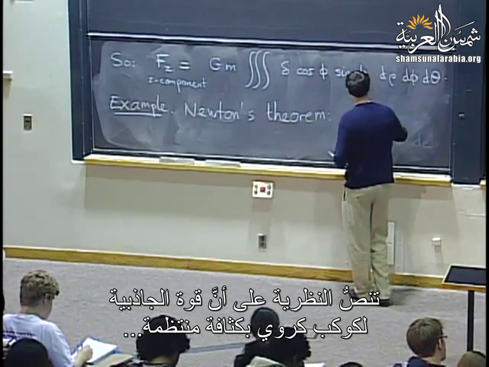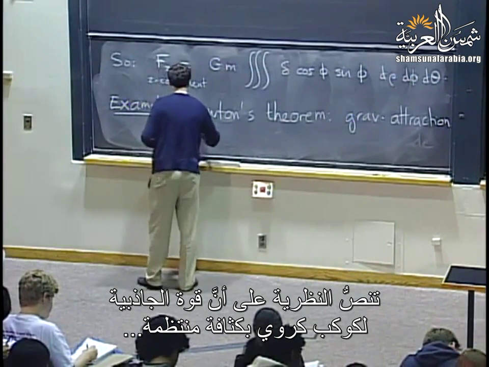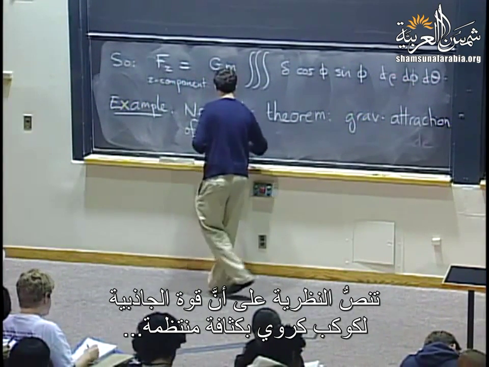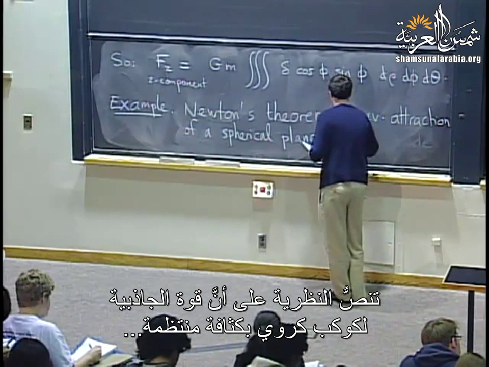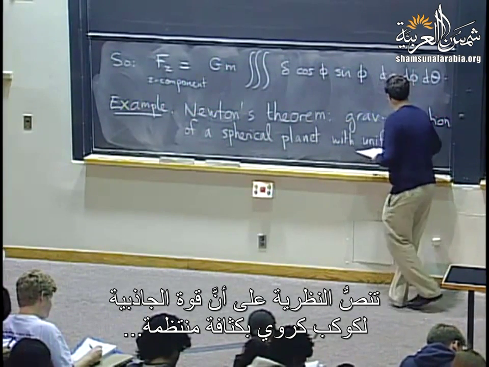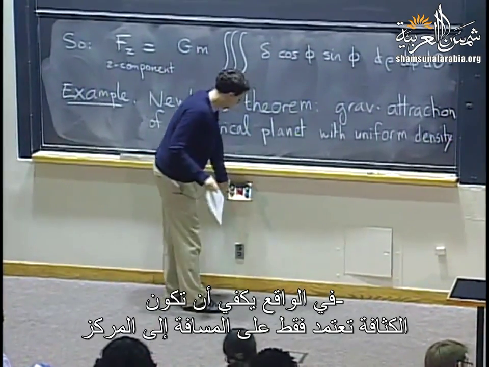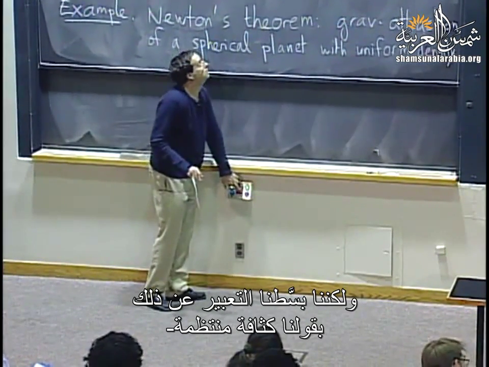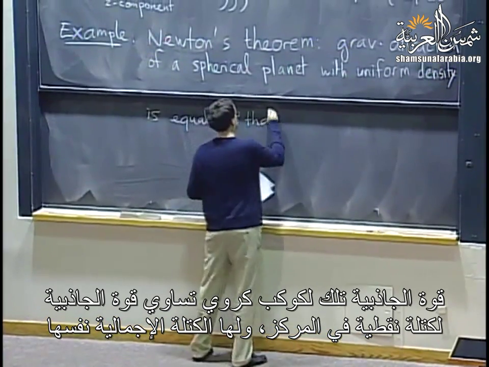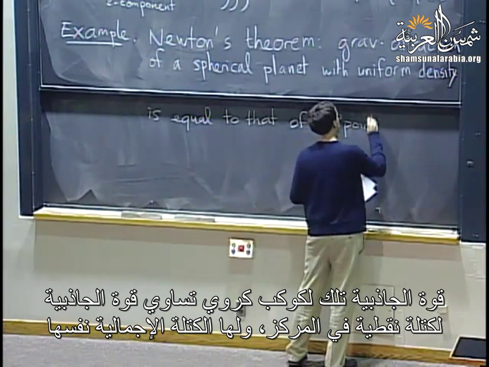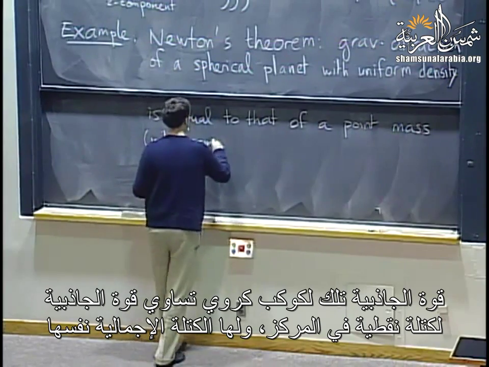It says the gravitational attraction of a spherical planet, I should say with uniform density, or actually, it's enough for the density to depend just on distance to the center, but let me just simplify the statement, is equal to that of a point mass with the same total mass at its center.